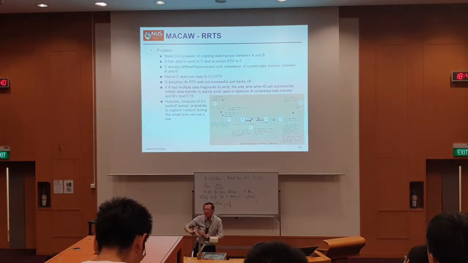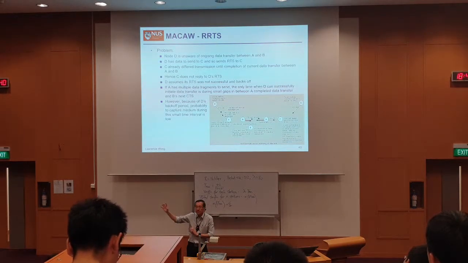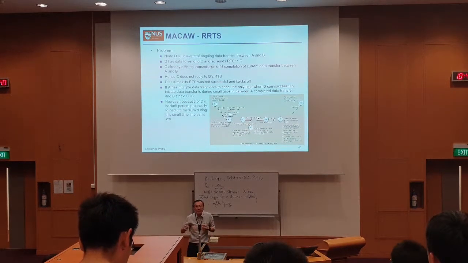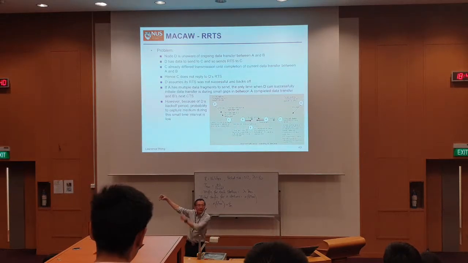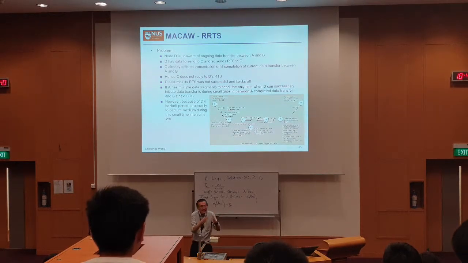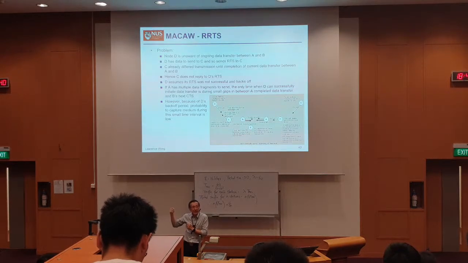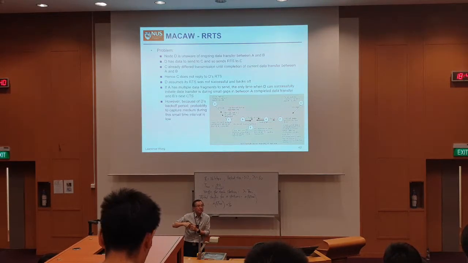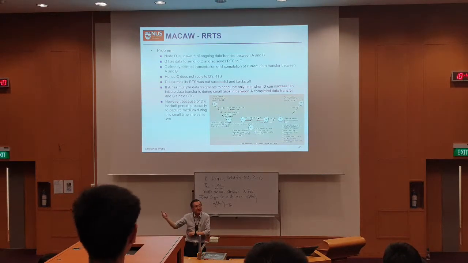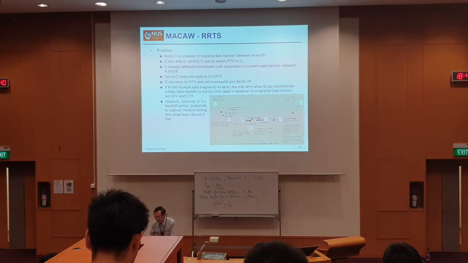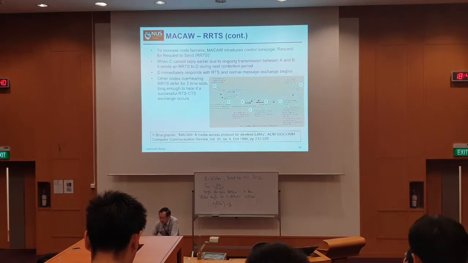So now D doesn't have to wait a long time with the backoff to initiate it, because D got an RRTS somewhere in between this cycle of events that C has sent to it. As a result of that, the RTS from D can start earlier to initiate the CTS. And that's what is happening here, described inside this diagram.